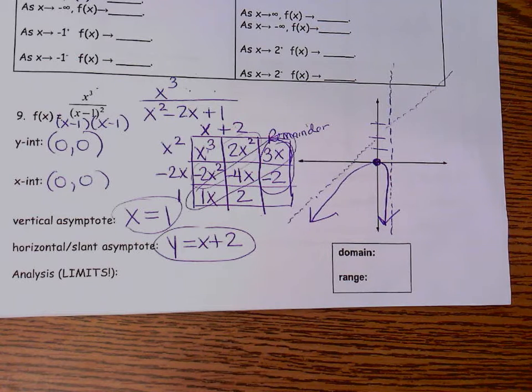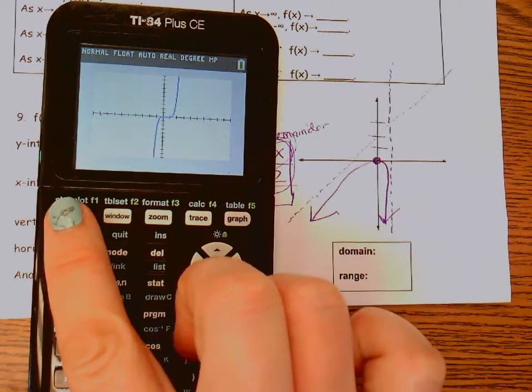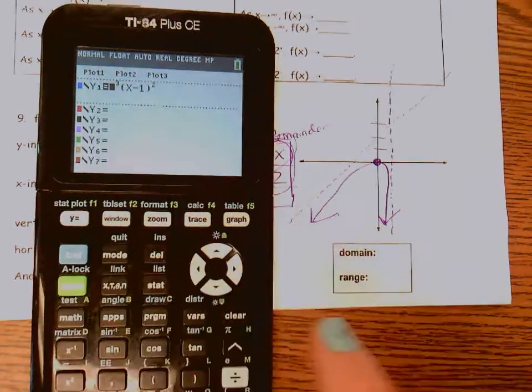This would be a calculator question if I asked you to actually graph the whole thing, because sometimes these cubic functions behave weird. So let me see. Oh, wait a second. That doesn't look right. Oh, I didn't put my divided by sign.